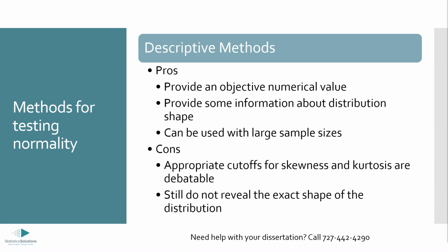And here we suggested a cutoff of 2 for skewness and a cutoff of 3 for kurtosis, but different references or different reviewers even may have different ideas about what constitutes high skew or high kurtosis. And while these reveal some information about the shape of the distribution, it doesn't give us a perfectly clear picture of the distribution shape. We still don't know exactly what the distribution looks like.